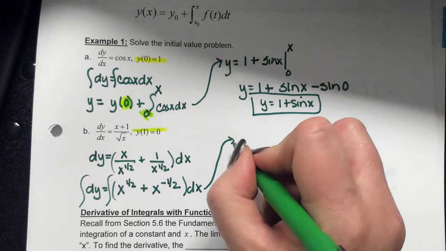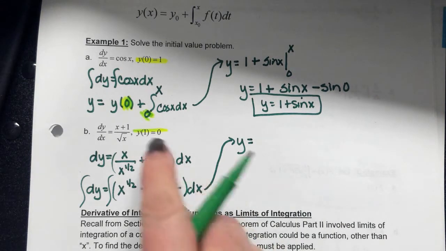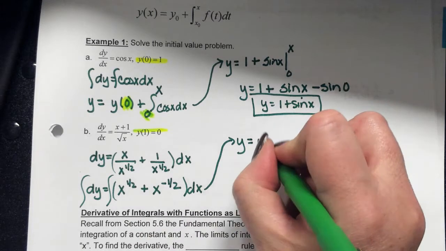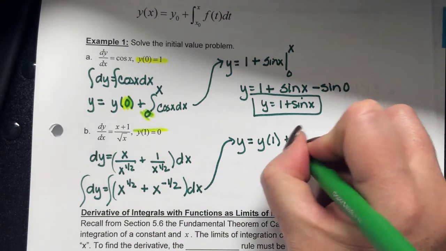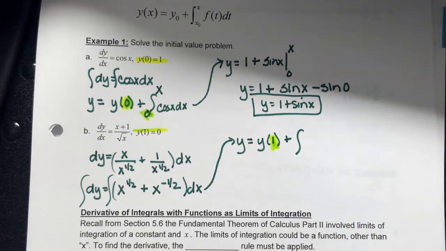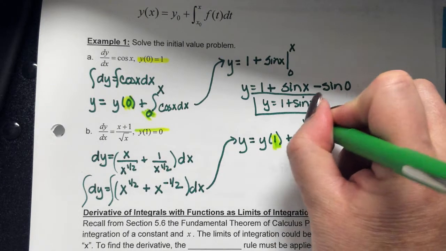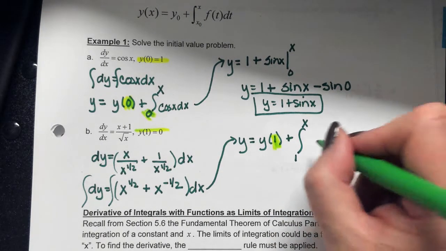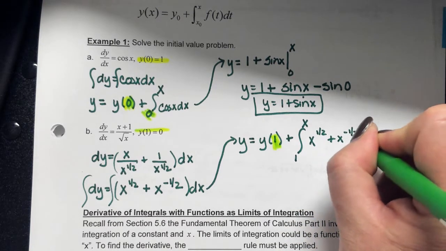I know the integral of dy is just y, equals. So now I'm going to take my initial condition, which is, again, y of 1, plus. Now this is where you have to be careful. The lower bound of this integral is not going to be 0, but it's going to be 1 to x of x to the 1/2 plus x to the negative 1/2 dx.